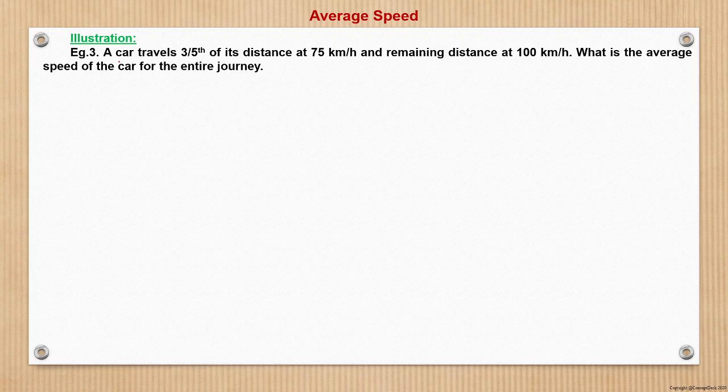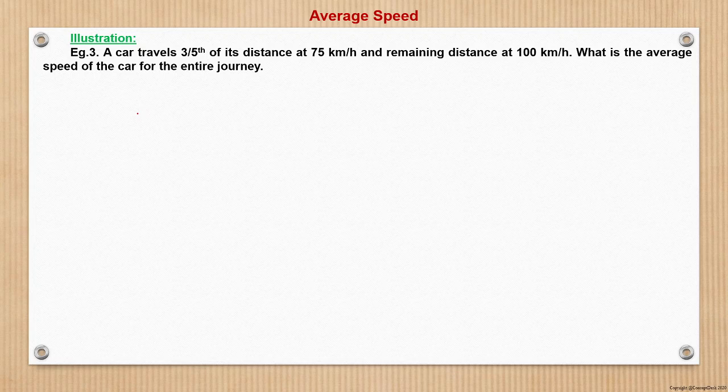So here it reads that a car travels 3/5 of its distance at 75 km per hour and the remaining distance at 100 km per hour. What is the speed of the car for the entire journey? Right. So it is given that the car travels 3/5 of the distance at 75 and the remaining distance, that is 2/5, at 100 km per hour.